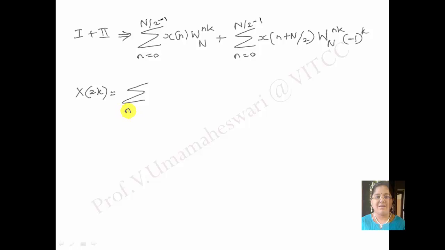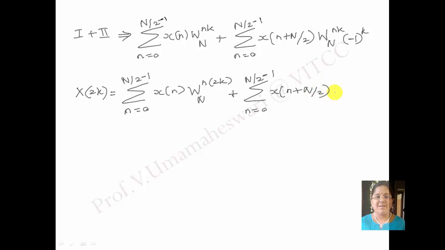So I am going to write the first term as usual, n by 2 minus 1, x of n W_N to the power n into 2k, plus n equals 0 to N by 2 minus 1, x of n plus N by 2 into W_N to the power n into 2k.